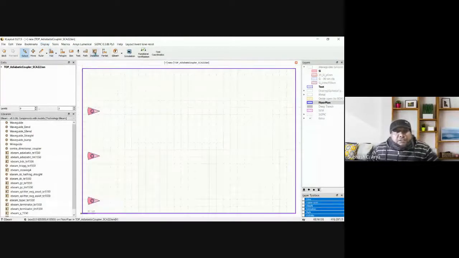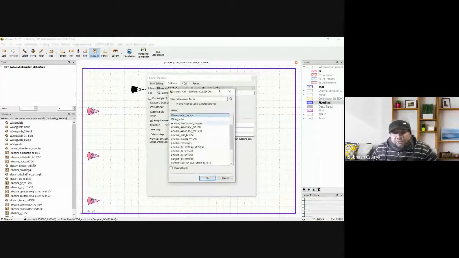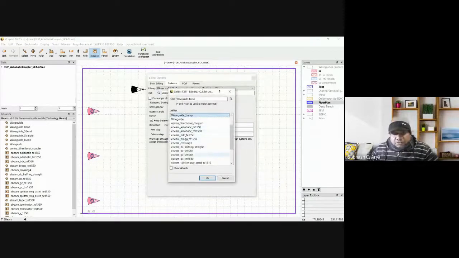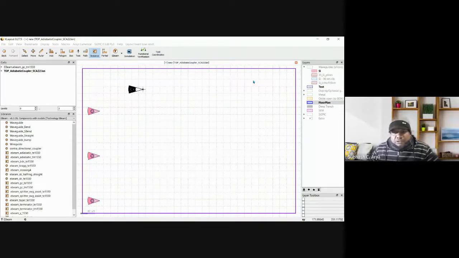Now simultaneously I will take another grating coupler for TM mode. So it is selected, grating coupler for TM mode, and this one I'm doing for the first time for TM mode.